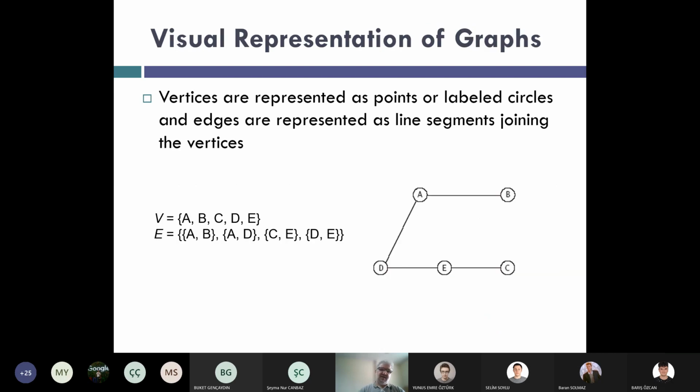Okay. As you see, a graph can be represented with two sets. This is the vertex set. In this vertex set, we have 5 vertices, and we have an edge set. In the edge set, we again have tuples of vertices.